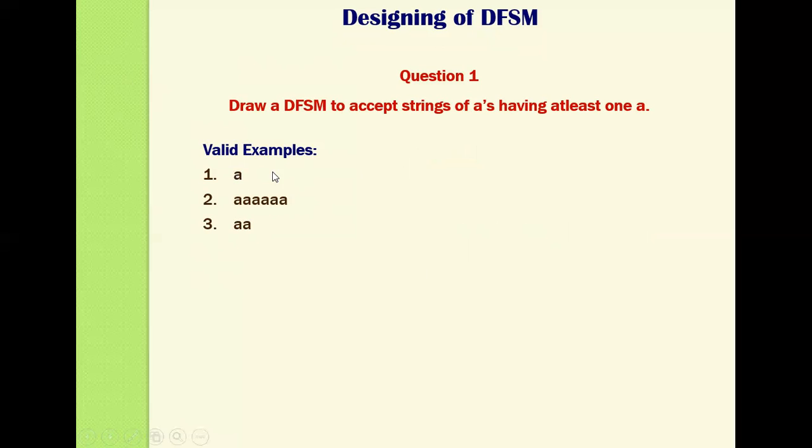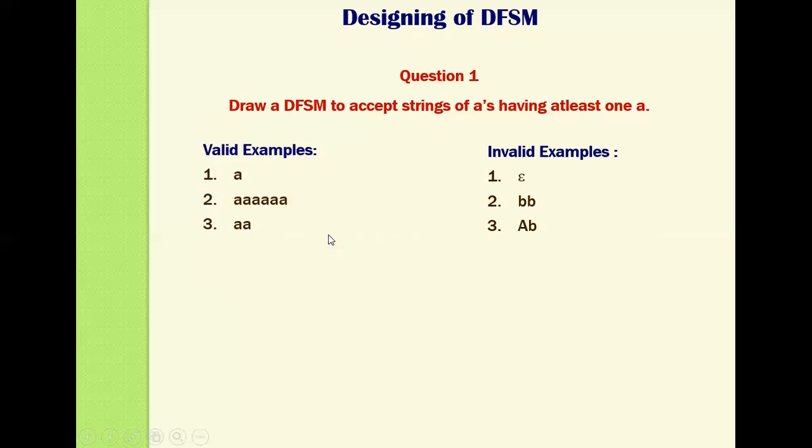The valid strings should have at least one A, right? In the first one, I will give the minimum string, so it is A, at least one A. Next I have written so many A's, and in the third example I have written 2A. So minimum 1A I have, so they're all valid strings.